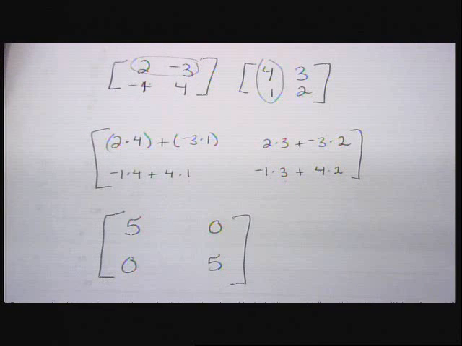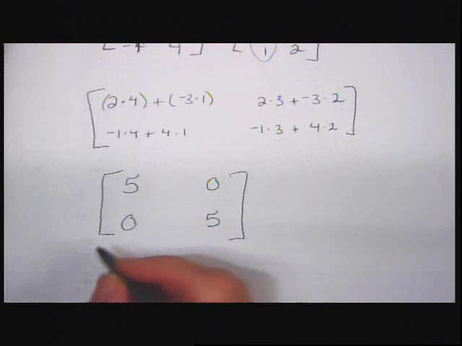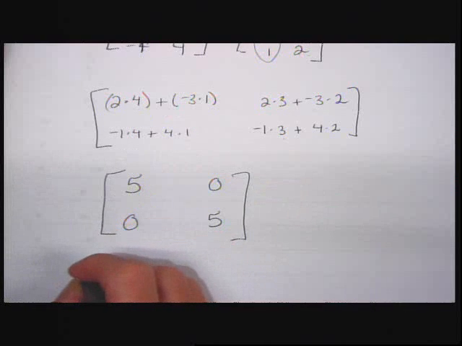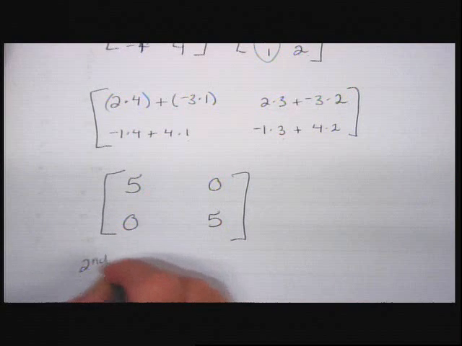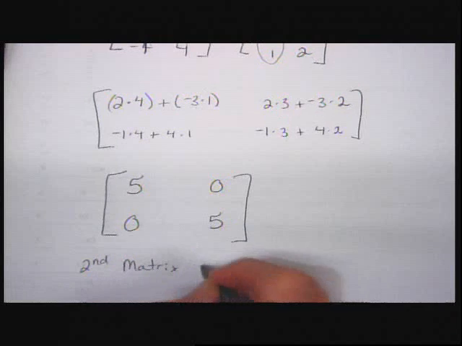And then if you had gotten 1 0 0 1, you would want to check it the other way as well. Is everybody okay on how to do this on your calculator? You enter it into your calculator. You would do second matrix, and then you arrow over to edit.